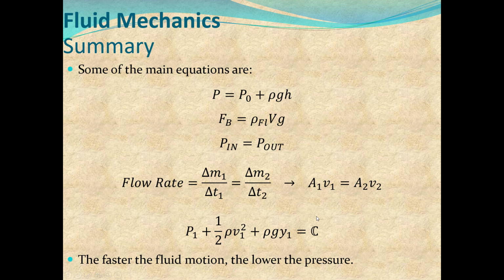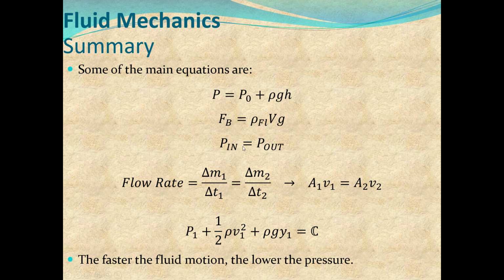All right, so these were some of the equations we talked about. Again, the biggest thing was pressure. When you're doing the problems, keep an eye out for the wording they use when they want you to find absolute pressure, and the wording they use when they want gauge pressure. It's extremely important.